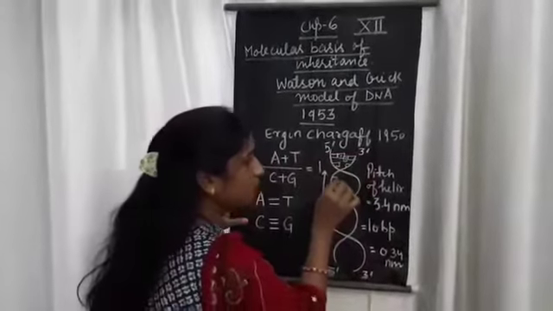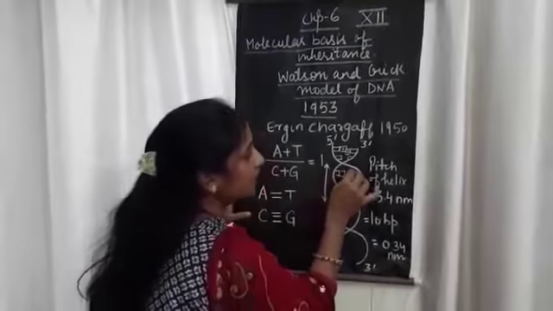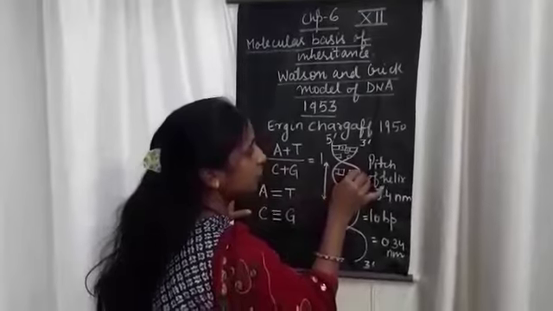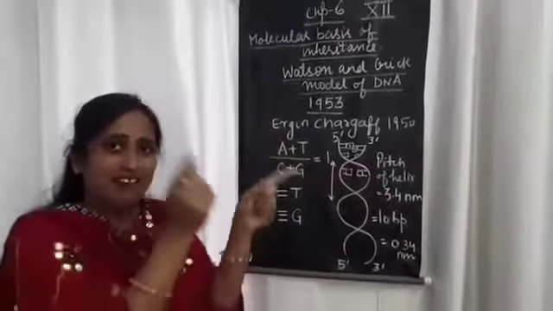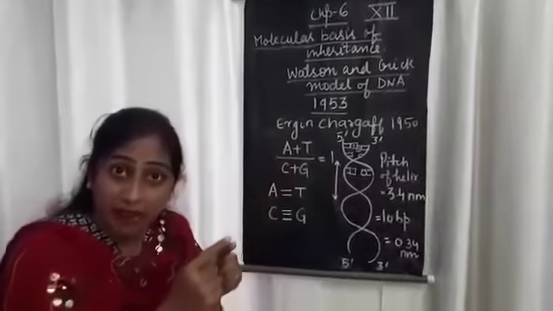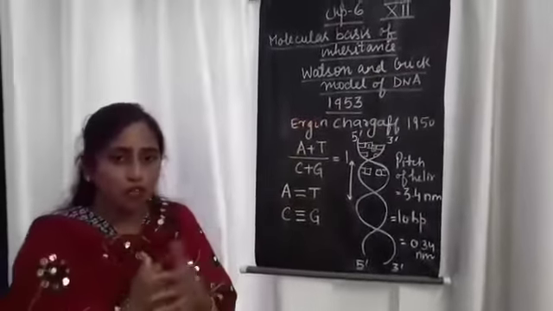So inside will be the sugar molecule, then the nitrogenous base, then again a nitrogenous base, then a sugar molecule. So like this way, the anti-parallel DNA strands will give the stability to the DNA molecule.